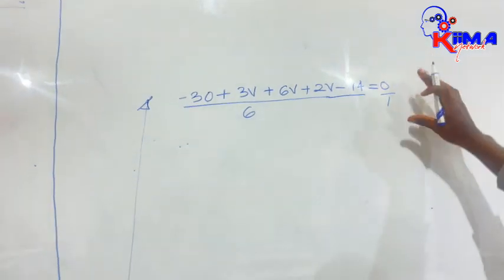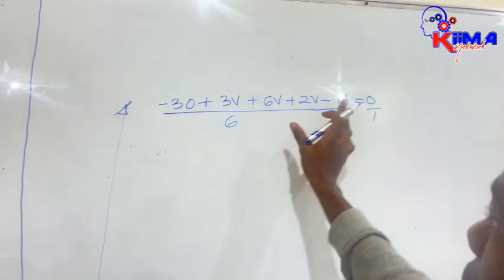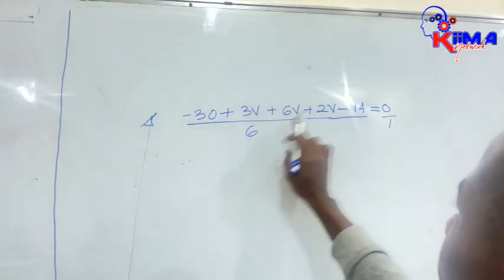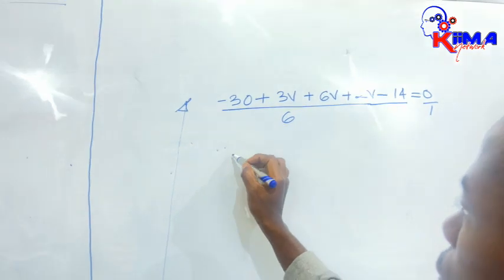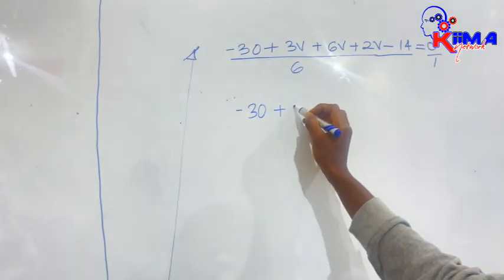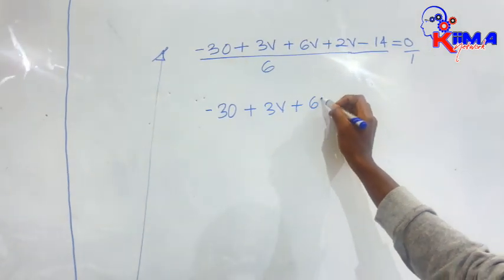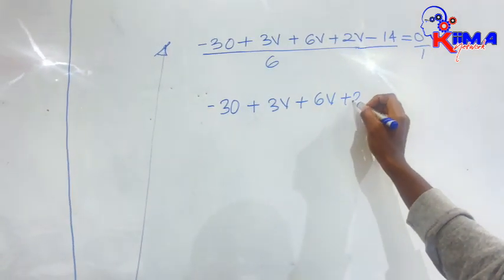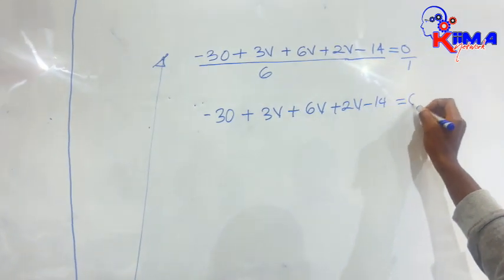This is a proportion: you multiply this by 6 because we don't need it in the denominator, so the entire thing goes to 0. So we have minus 30 plus 3V plus 6V plus 2V minus 14 equals 0.